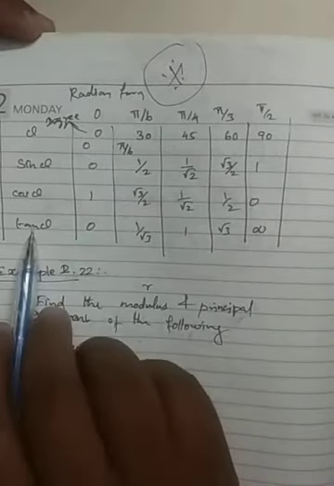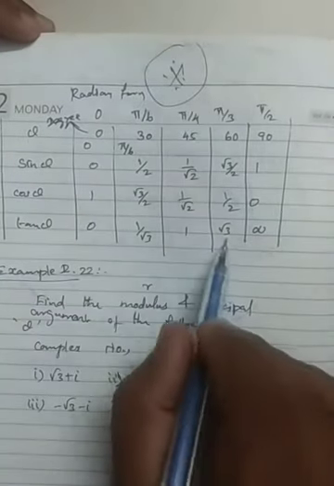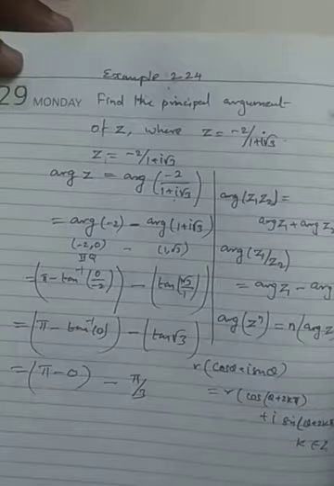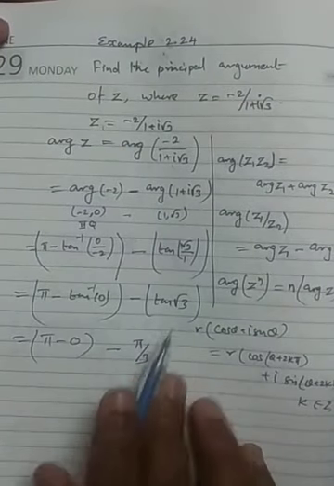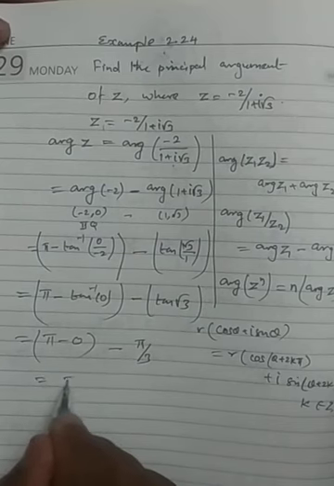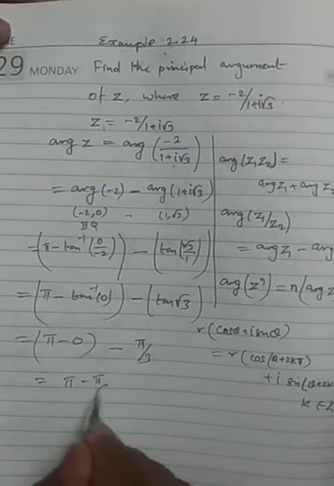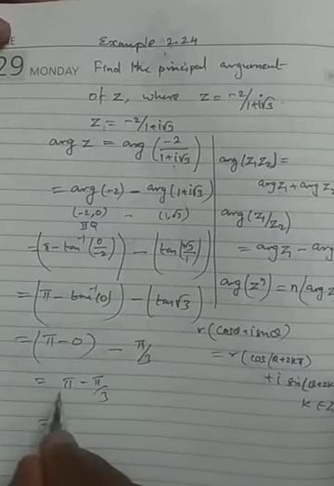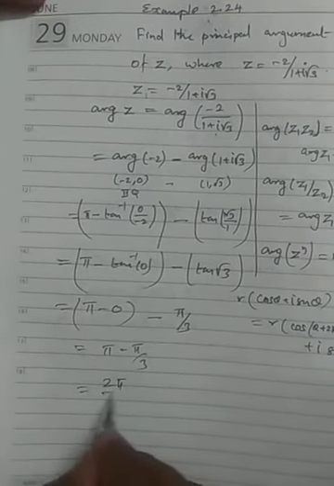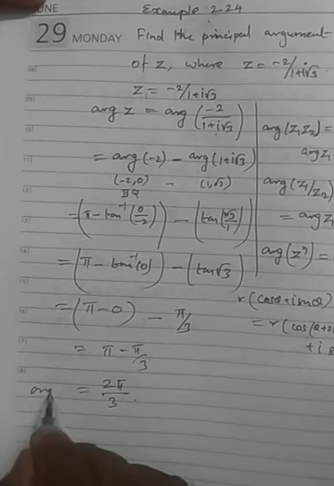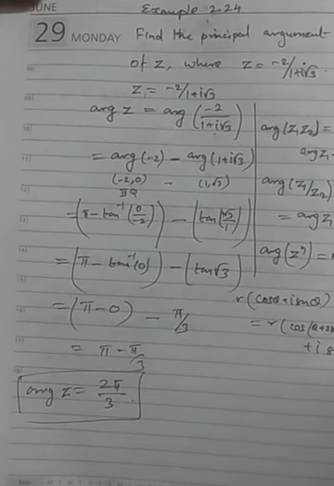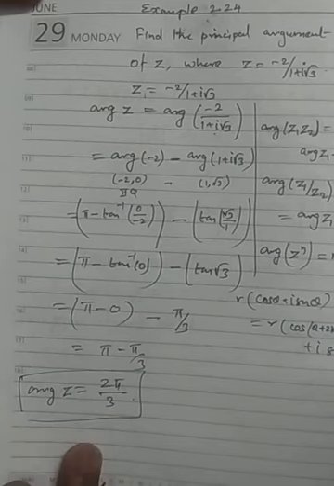You can see tan 0 is 0 and tan root 3 is 60 degrees, pi by 3. So pi minus 0 is pi, and here minus pi by 3. Cross multiply: 3 pi minus 1 pi is 2 pi, divided by 3. So 2 pi by 3 will come. That is the argument of z value. So the argument of z is 2 pi by 3.